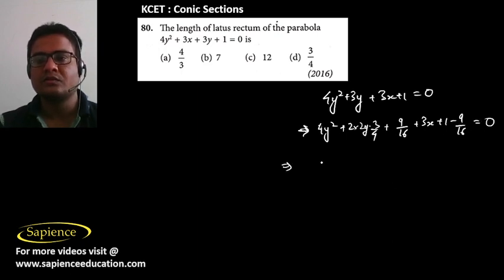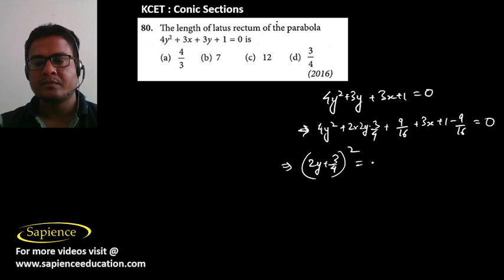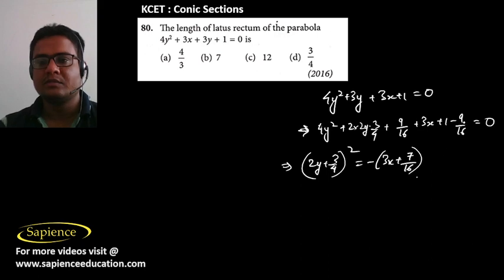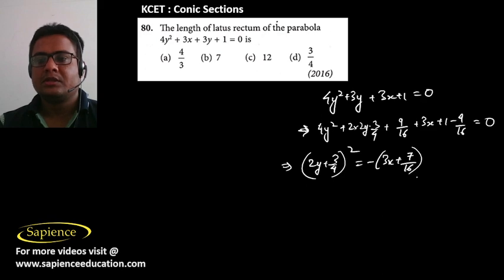So this will be 2y plus 3 by 4 whole square, equal to minus of 3x plus 7 by 16, since 16 minus 9 is 7.